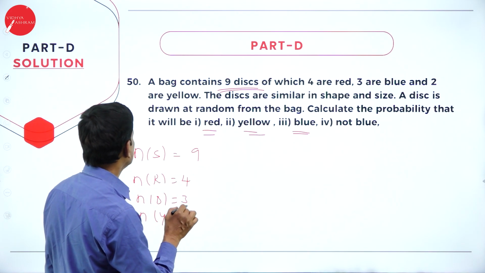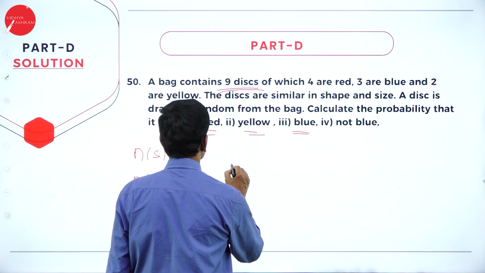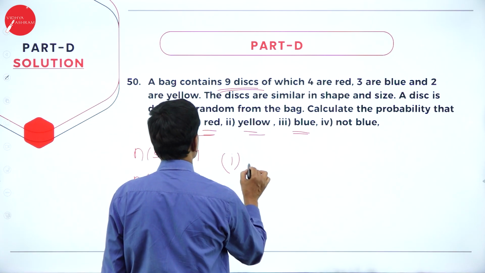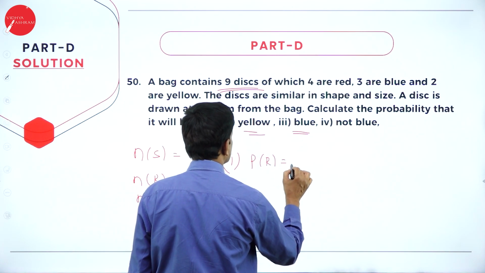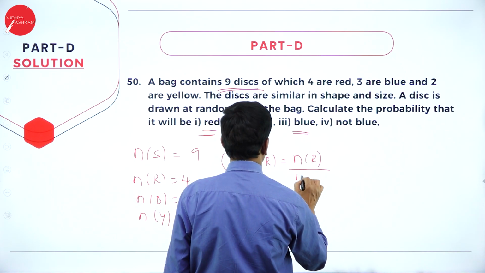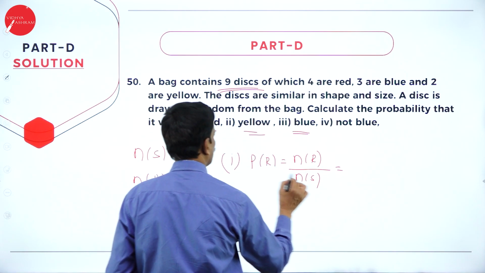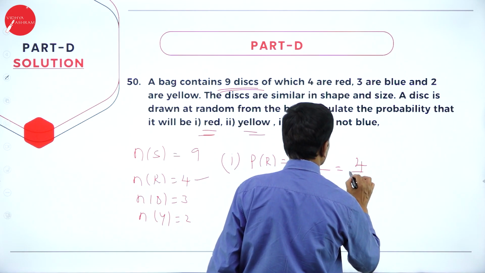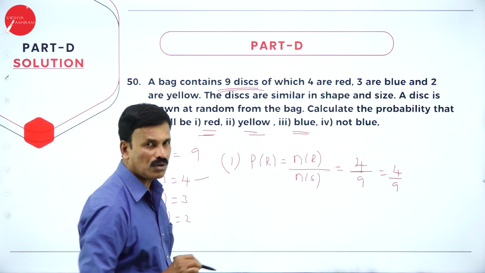Calculate the probability that it will be red first. Probability of red, P of r, is equal to n of r divided by n of s, the sample space. Number of red is 4, divided by 9. 4 by 9 is the probability of getting a red disc.